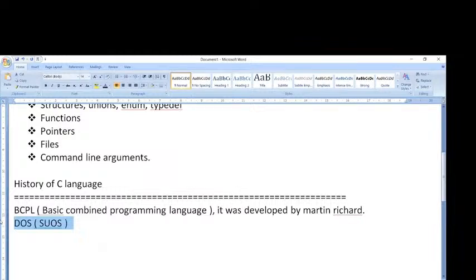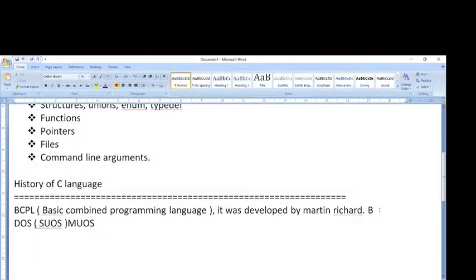To develop this multi-user operating system, they wrote code using BCPL. After some time, they came to know this language was not enough to build a multi-user operating system. Then they wanted to develop a new programming language, and they successfully developed it and named it B. So from BCPL, they developed the B language.